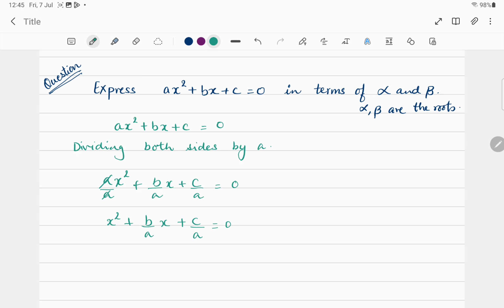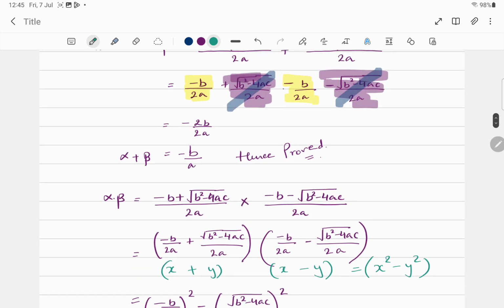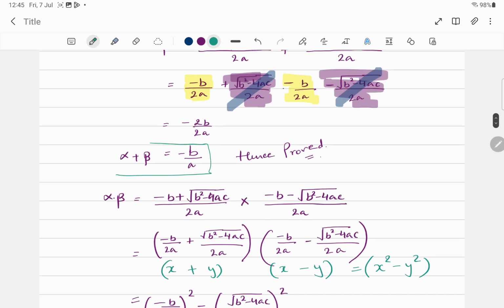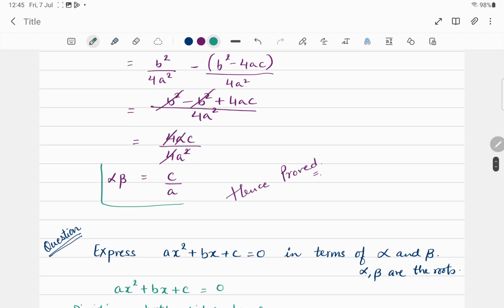In our previous question, we have found that alpha plus beta is equal to minus b over a, right? And alpha times beta is equal to c over a. So if we scroll back, alpha plus beta is equal to minus b over a, and alpha multiplied by beta is equal to c over a, right?